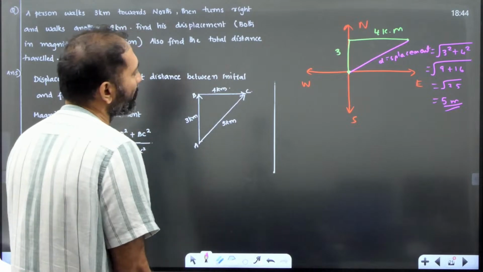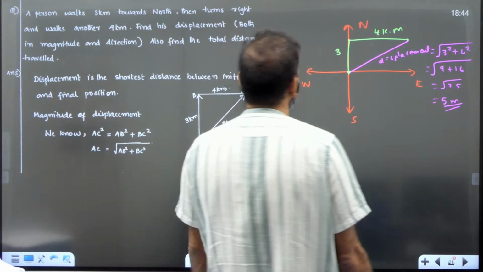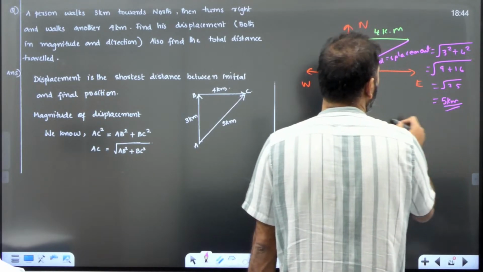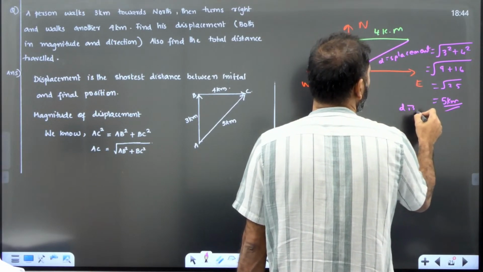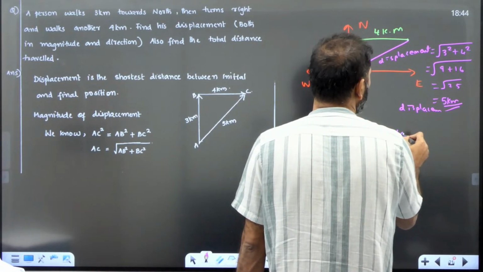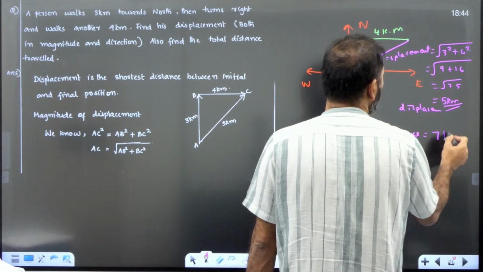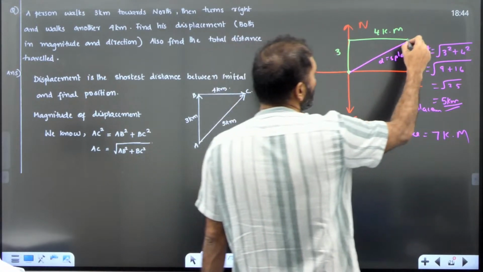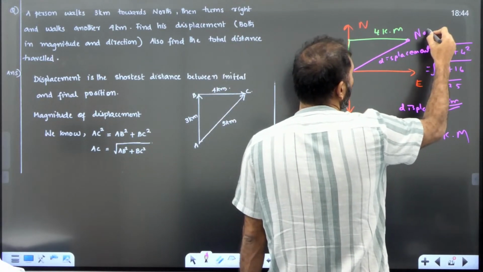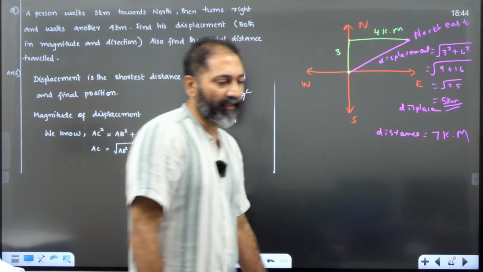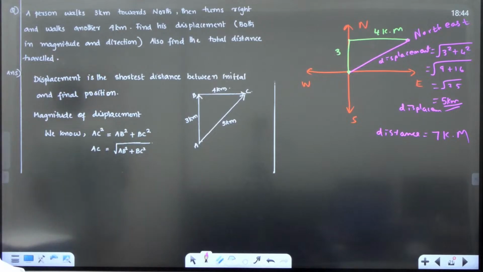Distance will be 7 kilometer. And what will be his direction? He will be in the northeast direction. Doubt now?